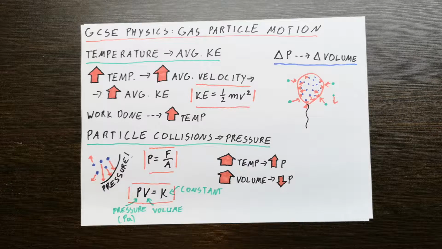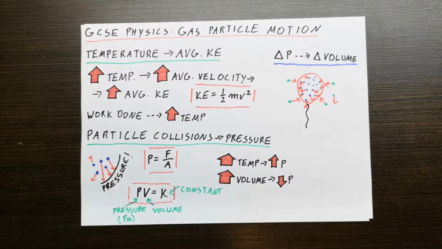Whilst it's hard to predict the movement of individual gas particles, as a whole we can predict some average movements. Using this, we can explain properties of temperature, pressure, kinetic energy and volume, and link it all together using the idea of gas particles in motion.